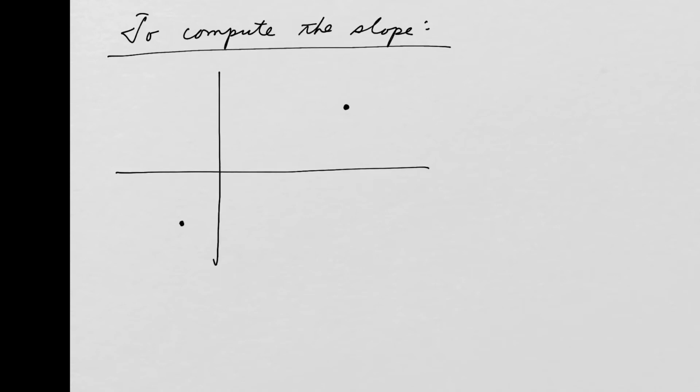I'll call this point x1, y1, and this one x2, y2. These are my axes. So I want to compute the slope of the line that passes through those 2 points. I'll just draw it as a line segment right now. Again, the slope is a measure of the steepness of that particular line.